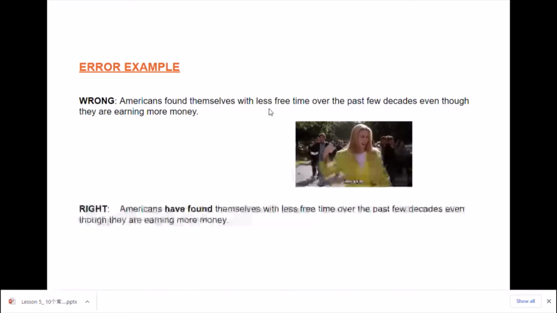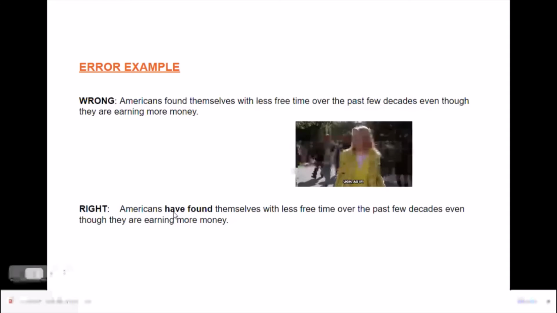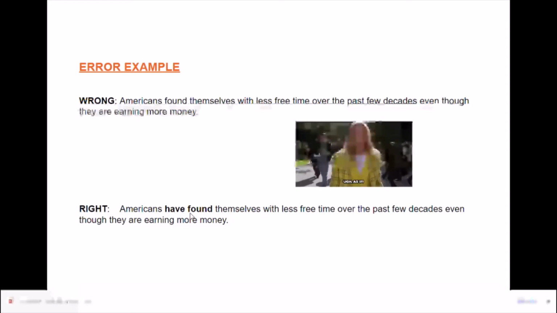Just because we have over the past few decades, the adverbial phrase over here, that indicates that we have to use the present perfect tense because something happened in the past up to the time of speaking. That means right now, the action is completed. Therefore, we have to use the present perfect tense. Okay? Let's move on.